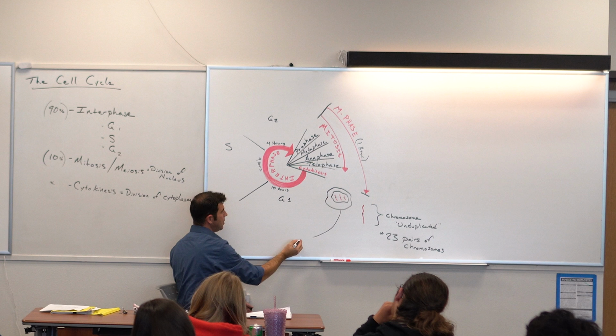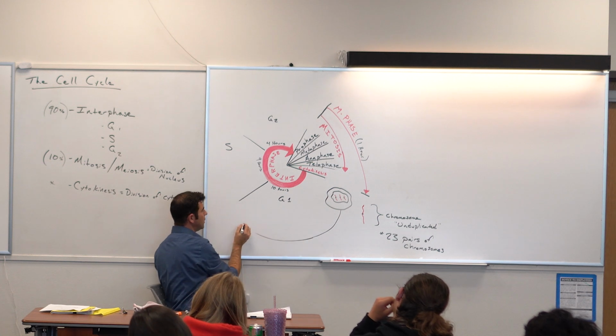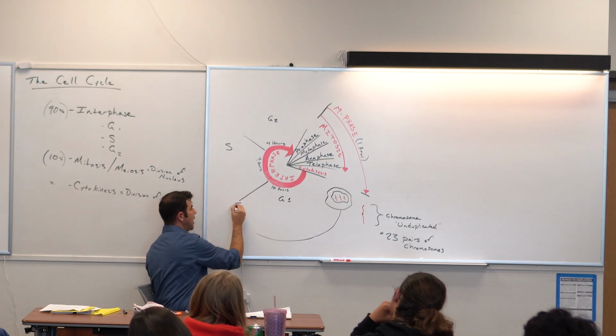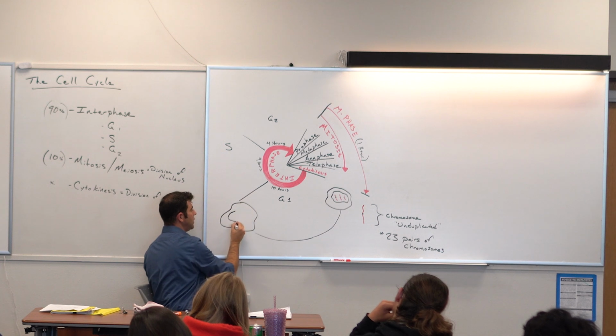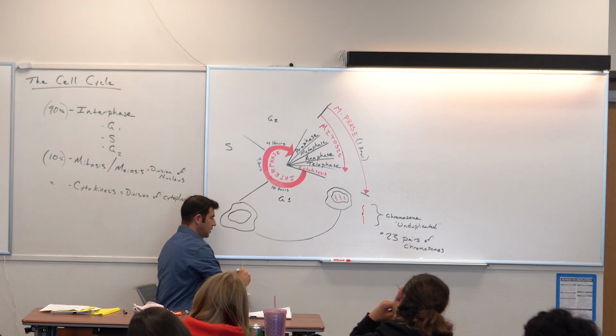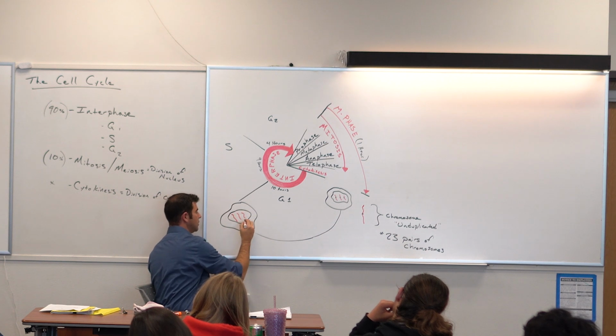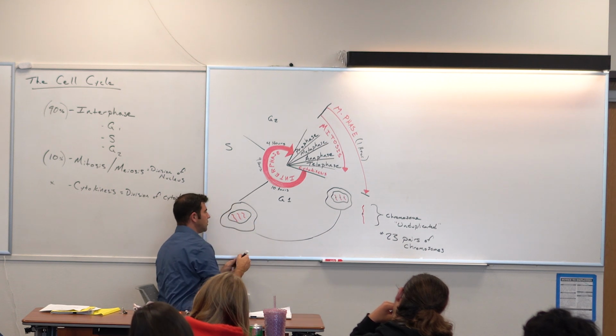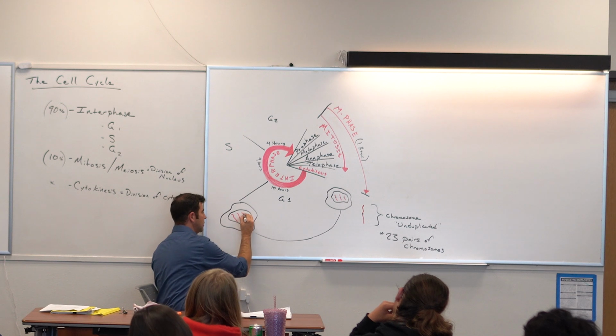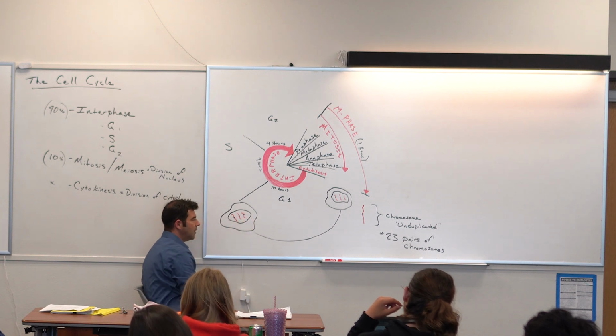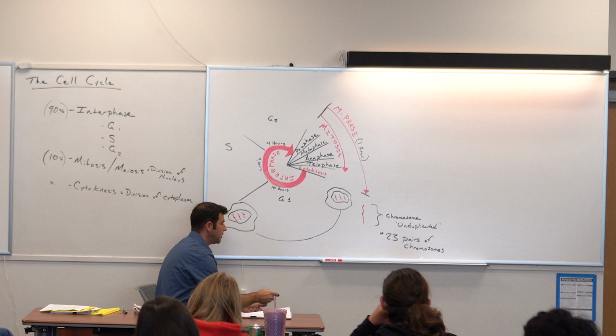I'll just bring this all the way to the end of the G1 phase. At the end of this G1 phase, what we see, again, is a cell that has 3 of these chromosomes, and each of these chromosomes is unduplicated. So what's even going on here in the G1 phase? Let's talk about that.